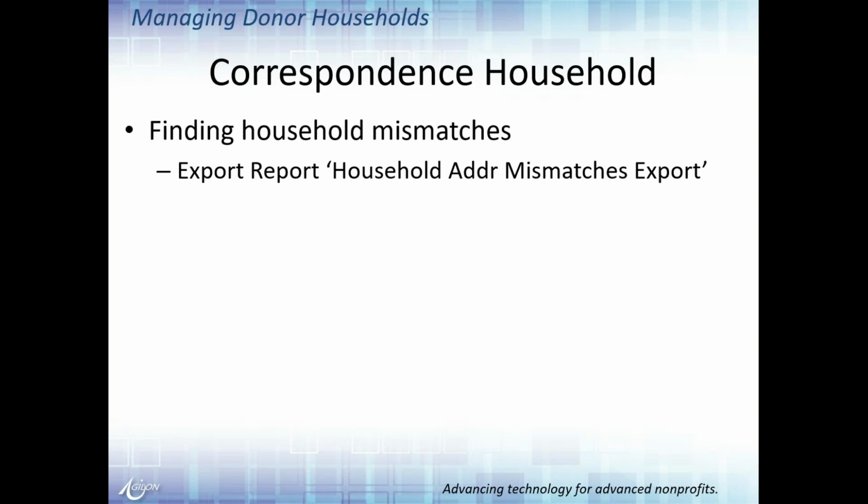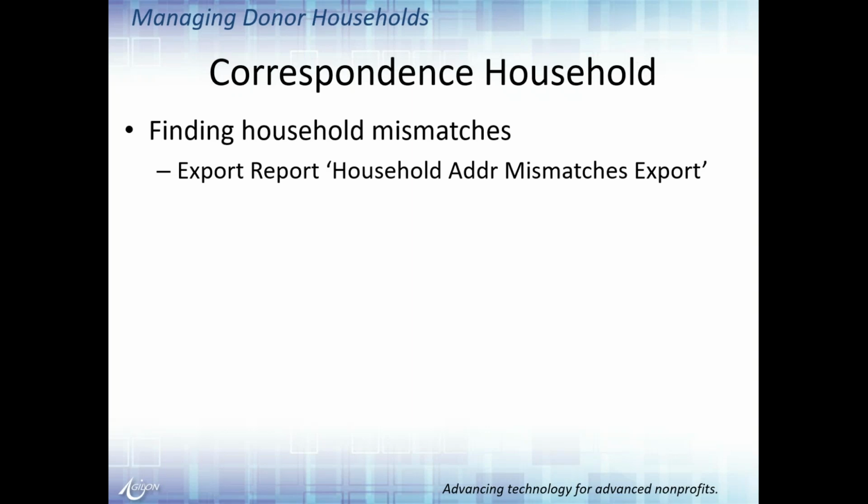We added a new report that's available in 4.5 that lets you find those mismatches between household members. It's an export report, and really it just tells you whether or not the head of household's address that was used to create the relationship is still the same as the household member's address that's part of that relationship.